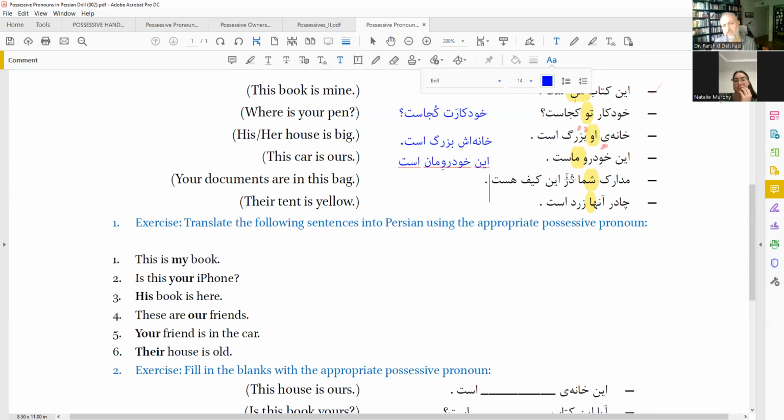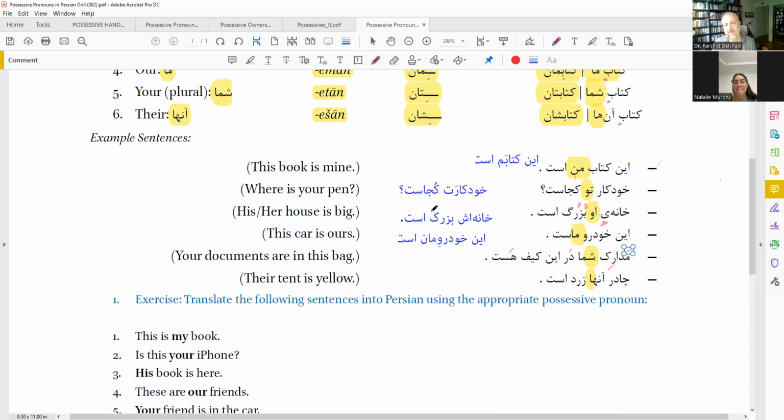So look at the second last phrase. The word is madarik. It's the plural of the word madrak, and madrak means document. So madarik is in fact documents, papers. مدارک شما در این کیف هست.